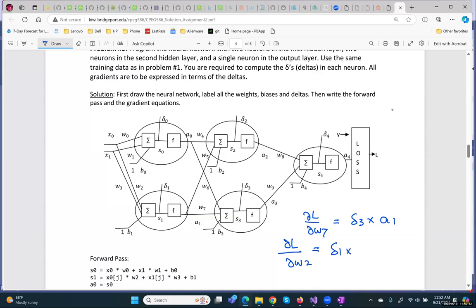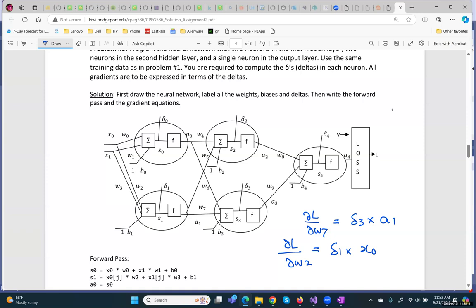Delta 1 is up to over here, right? And W2 is connected to X0, so that is correct. So this will be delta 1 times X0, right? So in this example, as you can see, if we have 5 neurons, I have a total of 10 weights and 5 biases. So you'll be writing 15 of these partial equations.